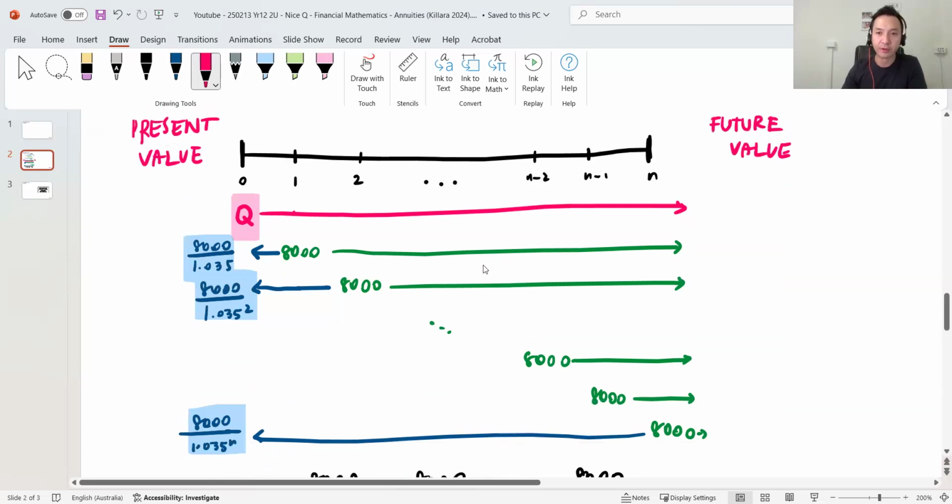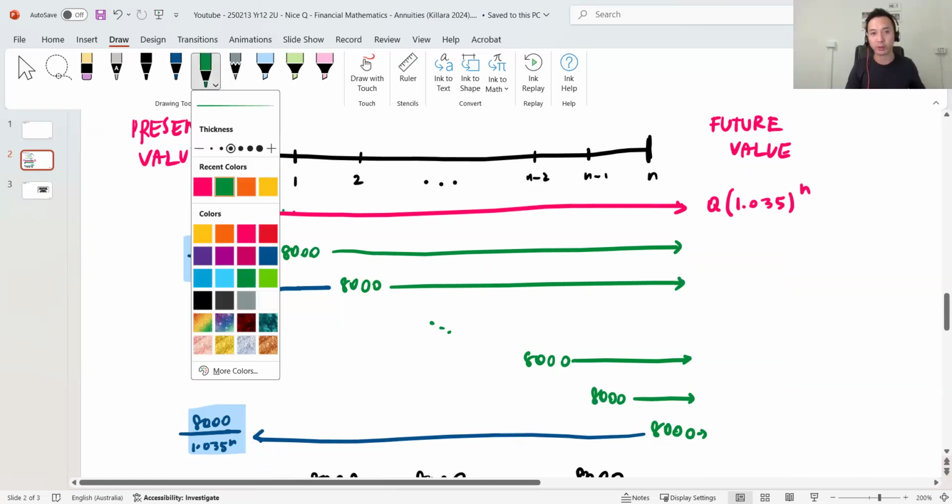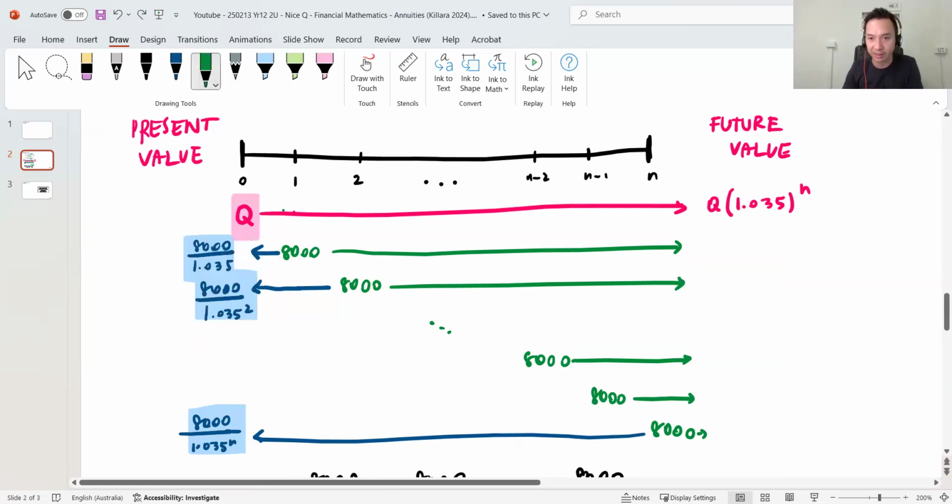So if I did future value, this Q gets compounded 1.035 to the power of n. Mathematically, it should be the same. If I bring forward all of these green payments, that 8,000 is now starting at the end of the first year, so it only gets 1.035 to the n minus 1. That one gets 1.035 to the n minus 2, etc., etc. And the last payment there is just 8,000.